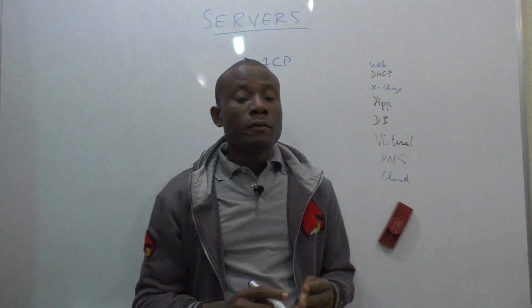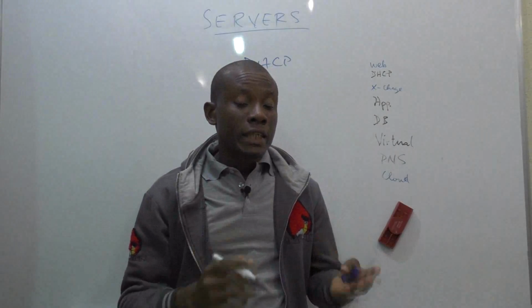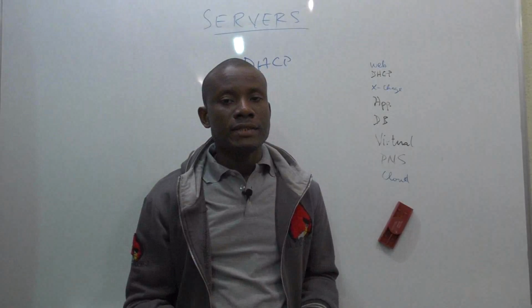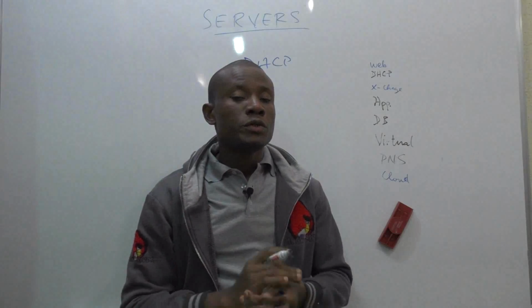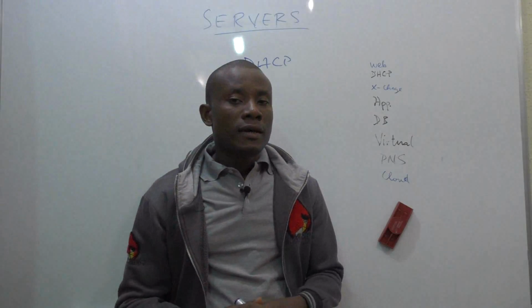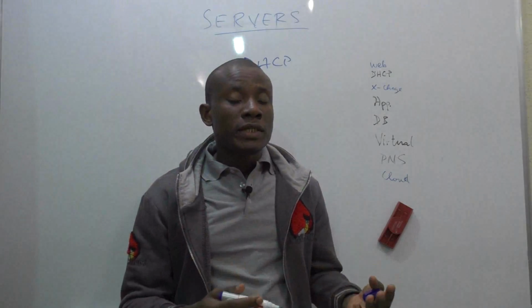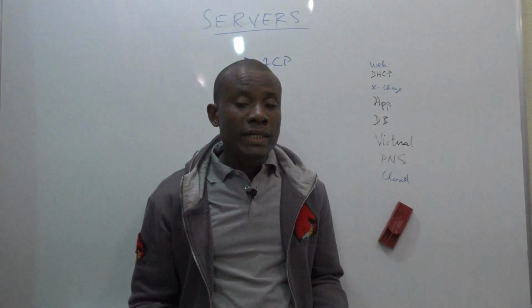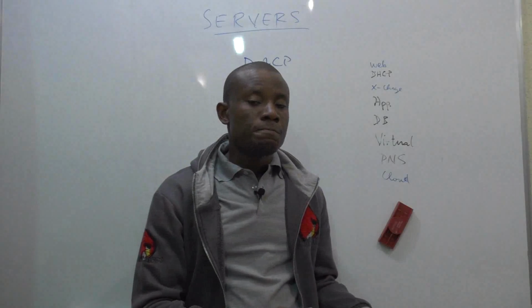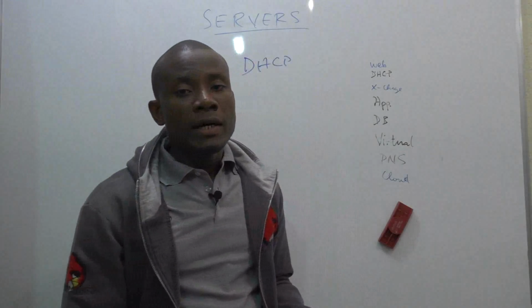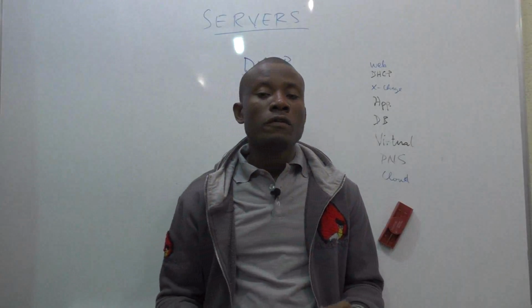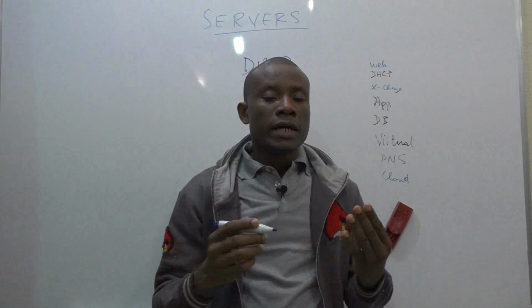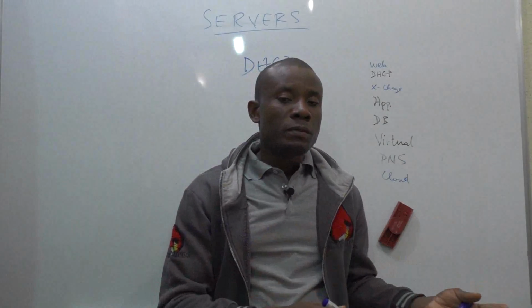First, take note that computers on a network have addresses. For you to be able to reach any computer on the network, you need the address. For you to assign the address, you have to do it either manually or automatically. Think of a network in your house. Like in my house, you may have a network of my TV, my laptop, and my desktop.